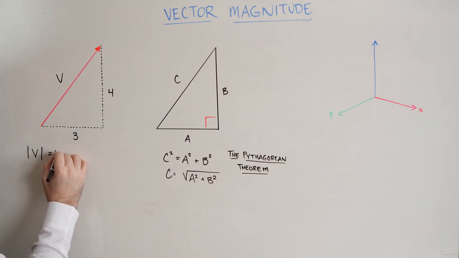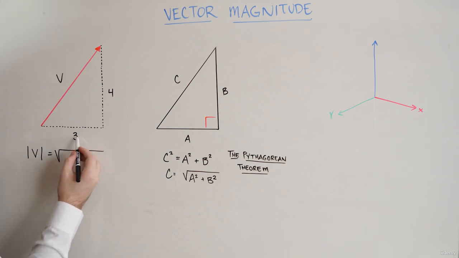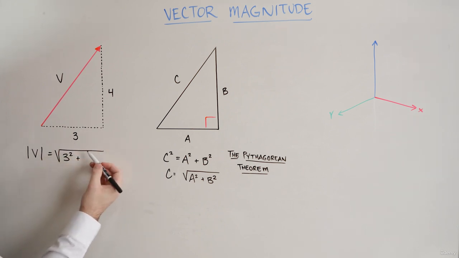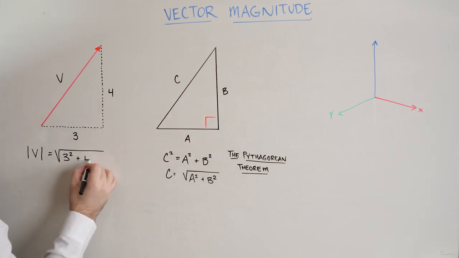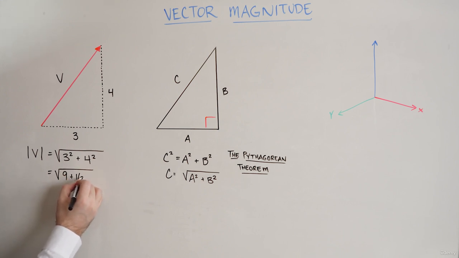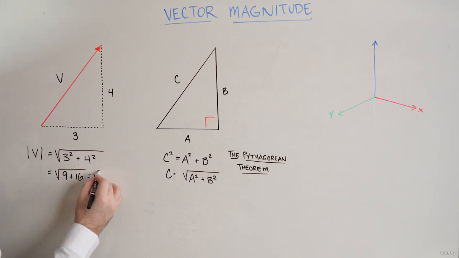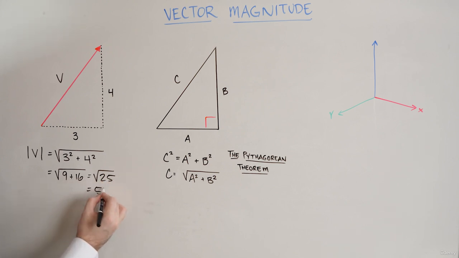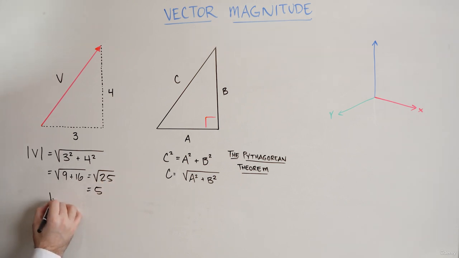That's going to be the square root of a squared, which is 3, so 3 squared, plus b squared, which is 4, so 4 squared. And this simplifies to the square root of 9 plus 16, which equals the square root of 25. And the square root of 25 is simply 5. So the magnitude of vector v, in this case, is 5.